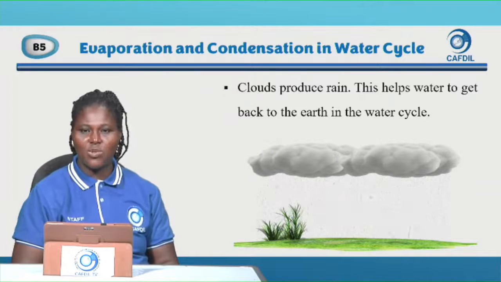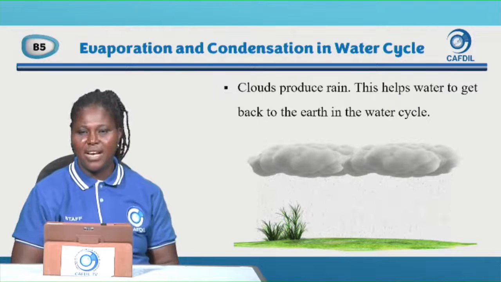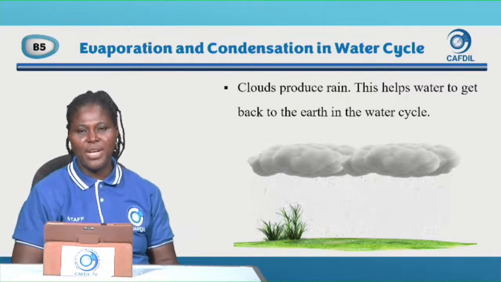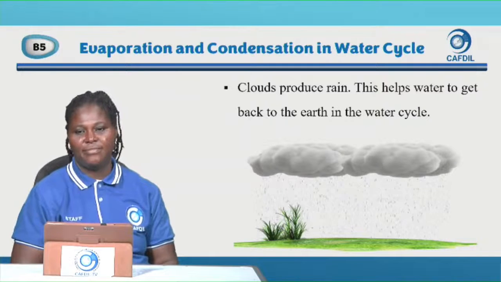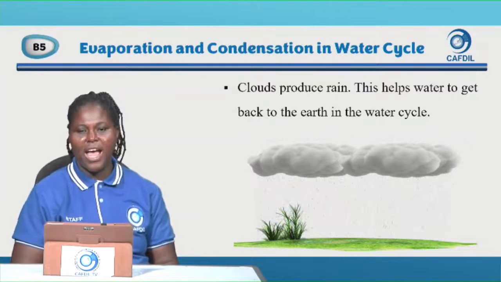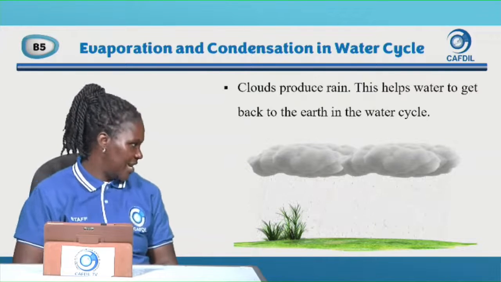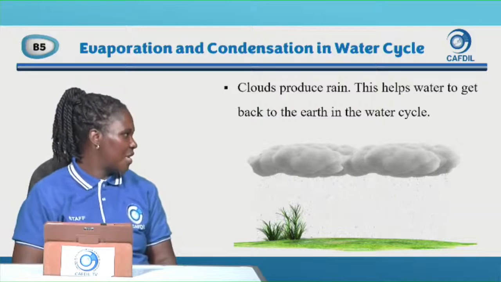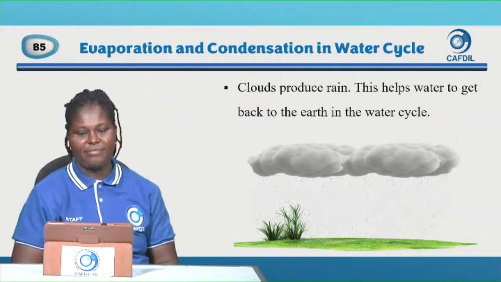This helps water to get back to the earth in the water cycle. So without condensation, there will be no rain. They condense and they fall as rain.